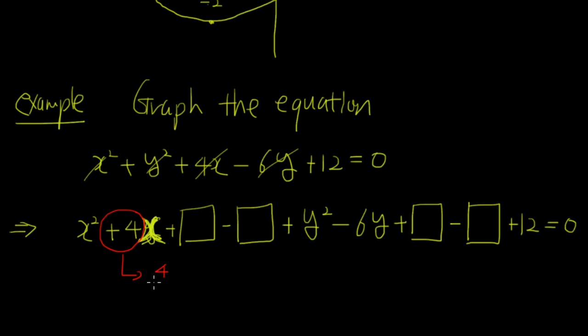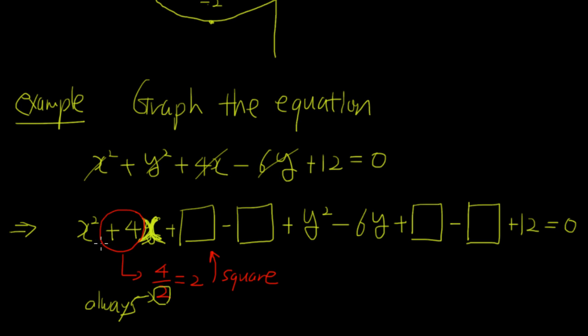This 4 will be divided by 2, which is 2. Then what do we do? Square it. So 4 divided by 2, is it always 2 here? Yes, it's always 2.